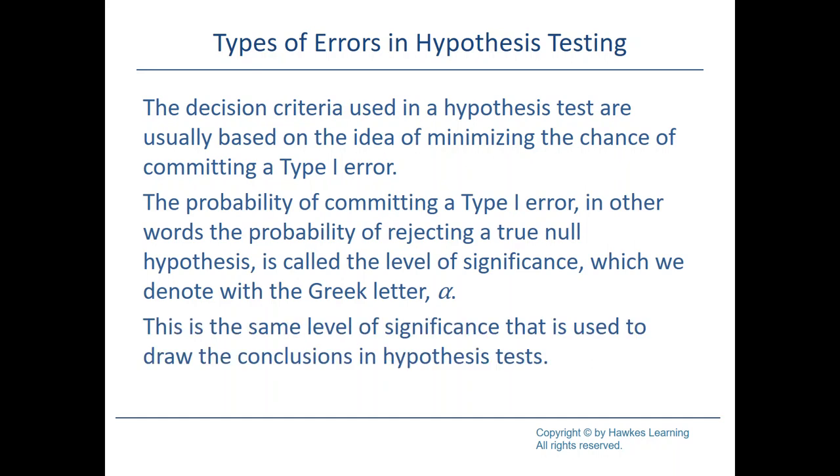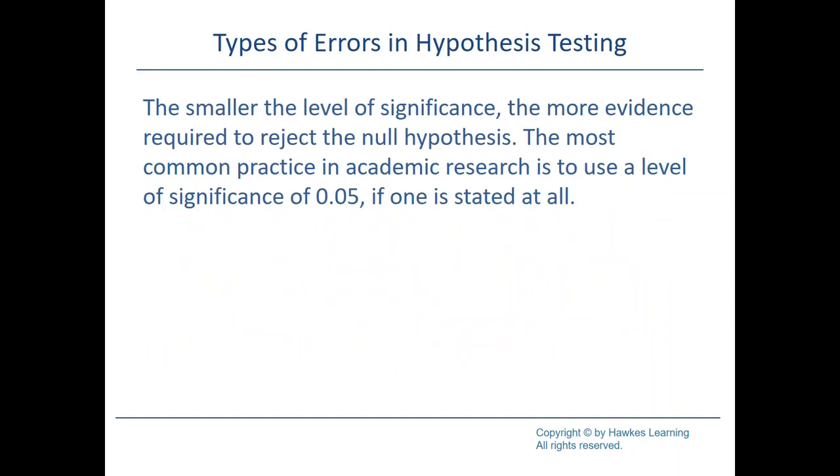The level of significance that we use to draw our conclusion for the hypothesis test is the same as the type 1 error probability. The smaller the level of significance, the more evidence is required to reject the null.